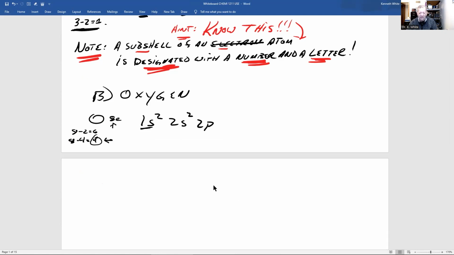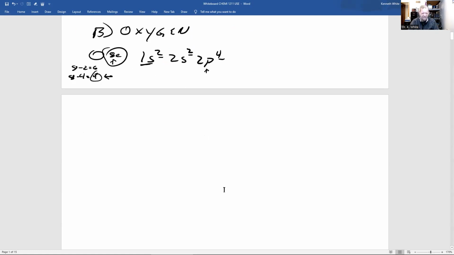What's the maximum I can put in a p subshell? 6. So I'll put in 4. And now look at 2 plus 2 plus 4. That's 8 electrons. That's what I'm trying to do. I'm done. So the electron configuration for the oxygen atom is 1s2, 2s2, 2p4.